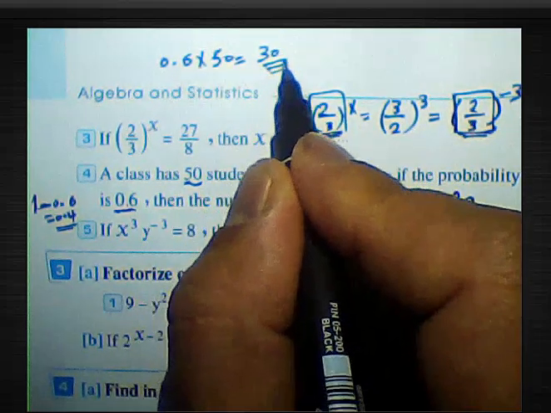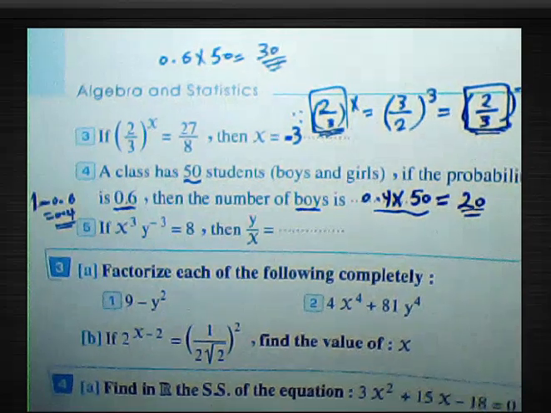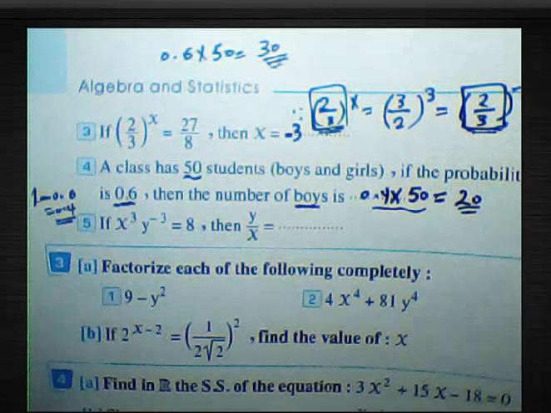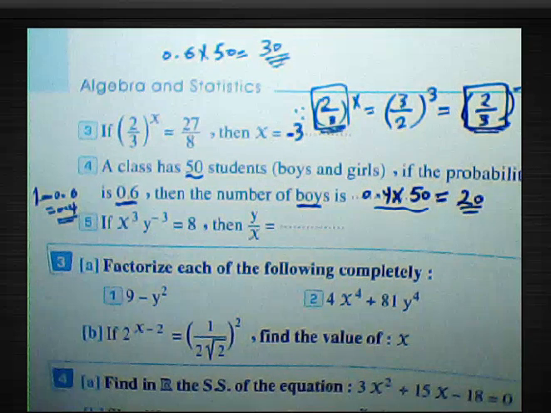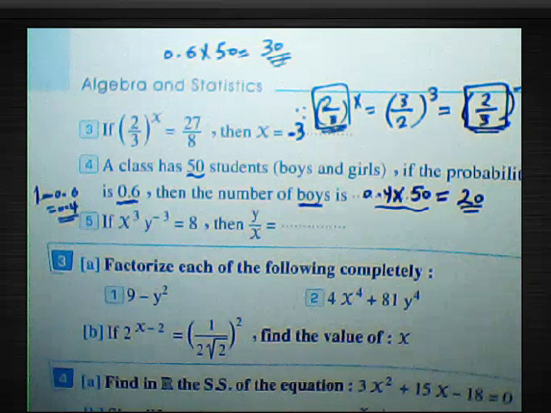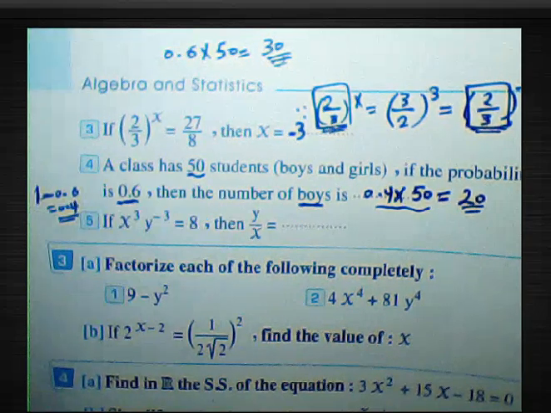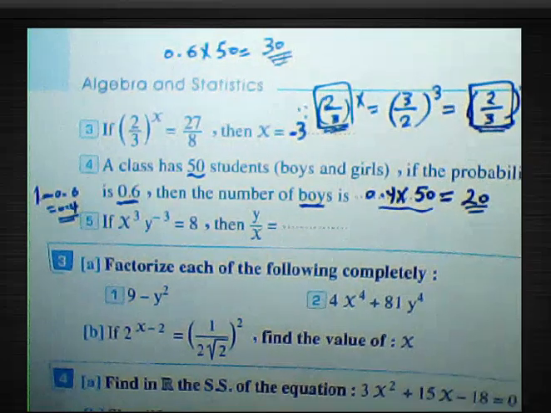We have 30 girls and the boys will be 20 because 20 plus 30 equal 50. Understood? In this example we can find the number of girls or the number of boys as you like. You can find the number of girls by multiplying 50 by 0.6 and the result will be 30. Subtract it from the total number 50, it will be 20 boys.